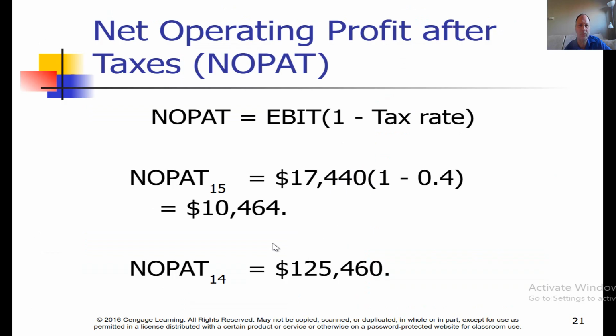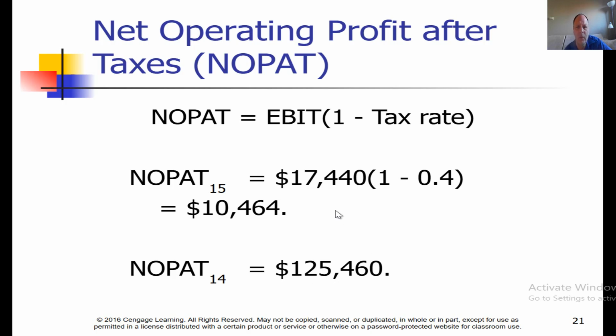In our particular company, we can start by, again, looking at the net operating profit after taxes, or NOPAT, which is defined as EBIT, earnings before interest and taxes, times 1 minus the corporate tax rate.